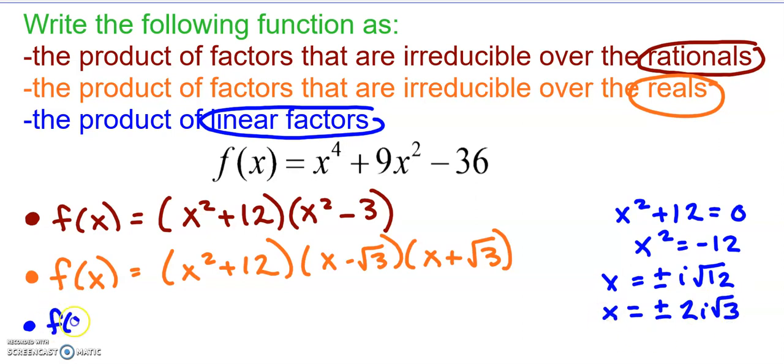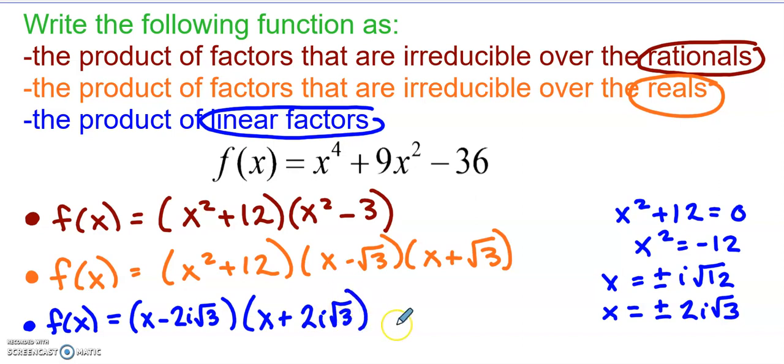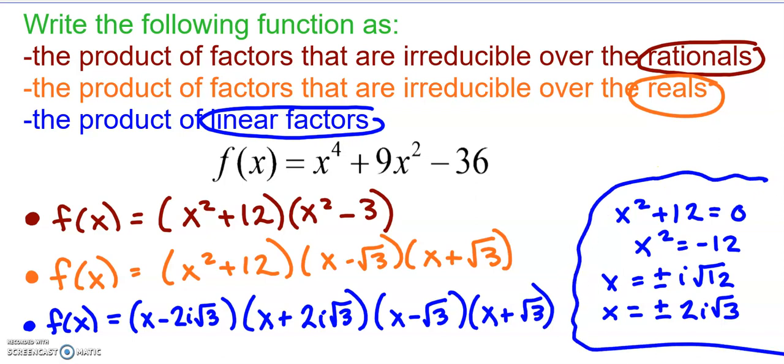So finally, I'm going to write this as x minus 2i root 3, x plus 2i root 3, and then these guys will just carry over. That was my side work here. Okay, so now this is a product of all factors that are linear.